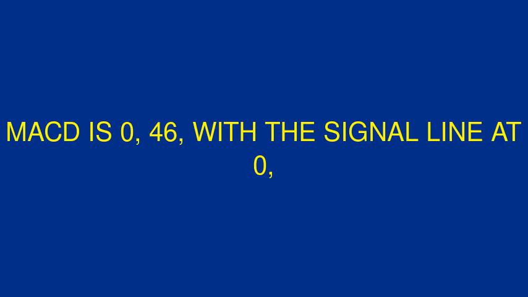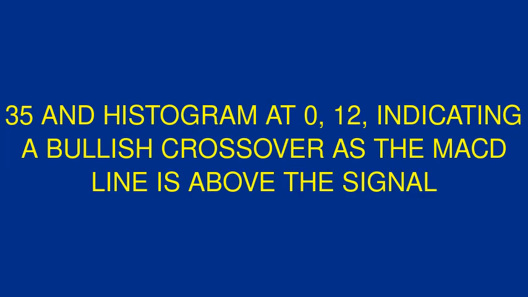Stoch RSI K5 is 100.0, D5 is 100.0, confirming extreme overbought conditions. MACD is 0.46, with the signal line at 0.35 and histogram at 0.12, indicating a bullish crossover as the MACD line is above the signal line, supporting upward momentum.